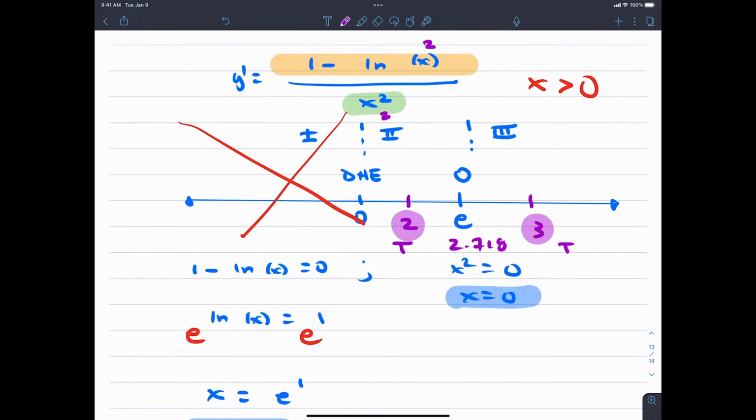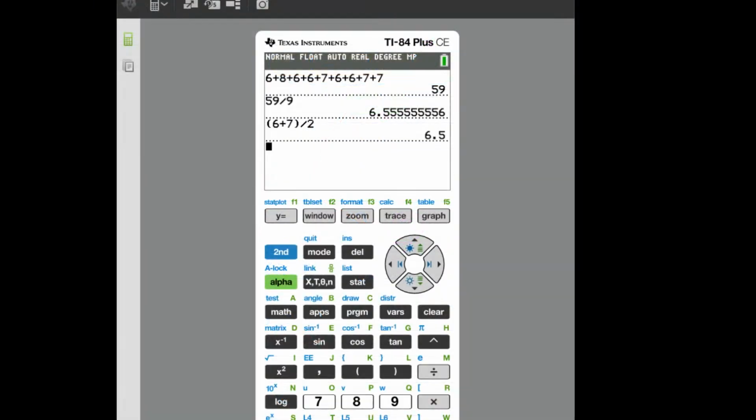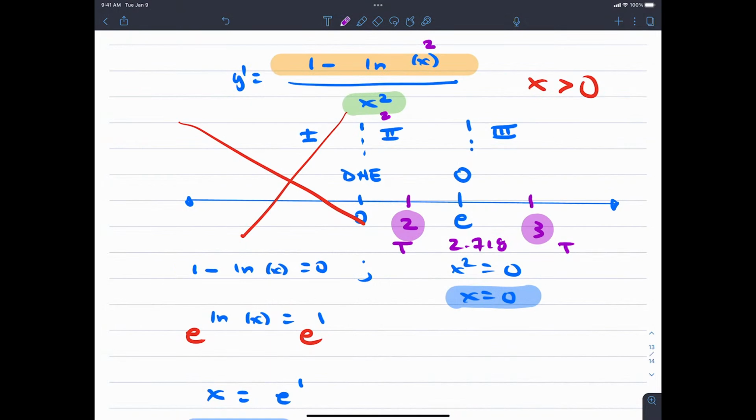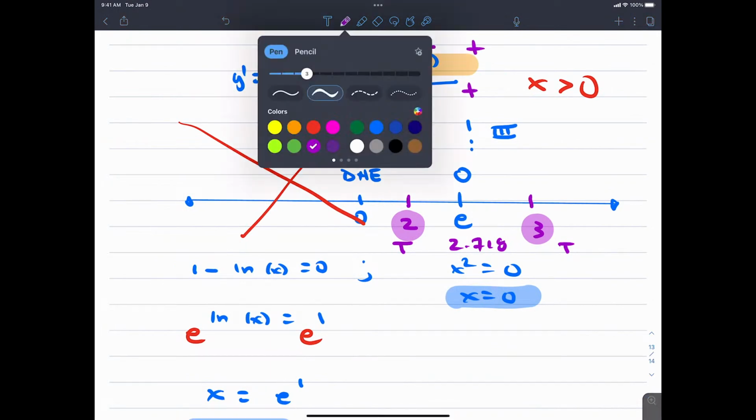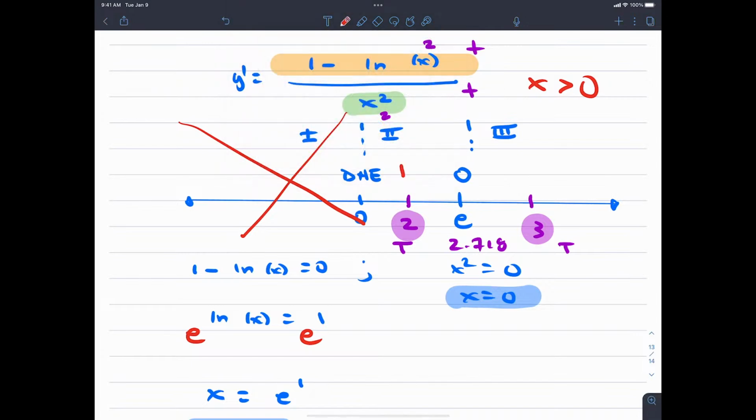But 1 minus the natural log of 2. What do you guys know about 1 minus ln 2? Is that positive or negative? 1 minus ln of 2 we know is a nice positive number. So you got positive over a positive. What does that mean? Region 2 is positive. You have an increasing slope.